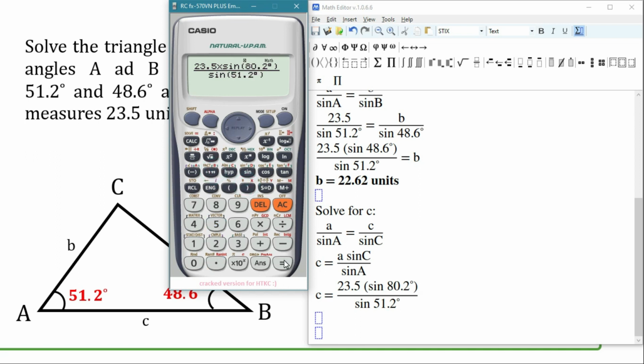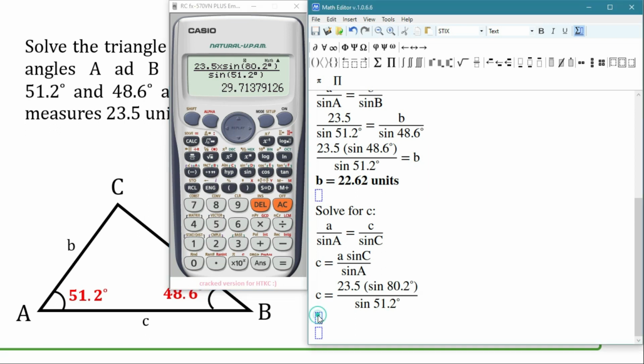Okay? And by pressing equals, that will yield 29.71 units. So meaning to say, side C measures 29.71 units.